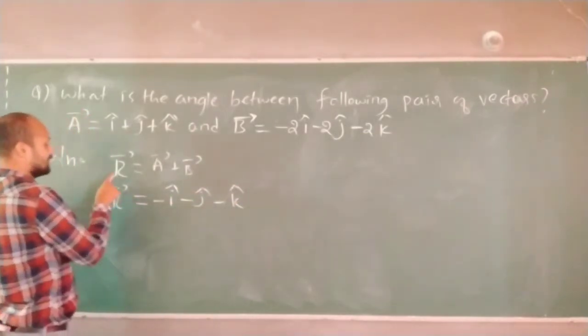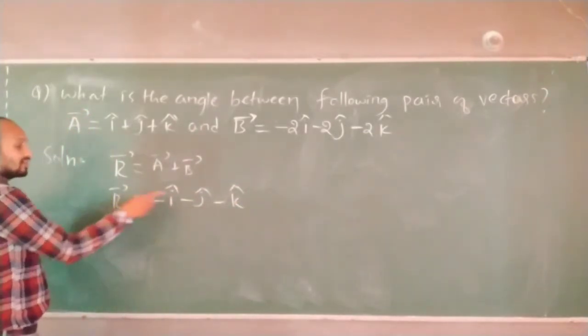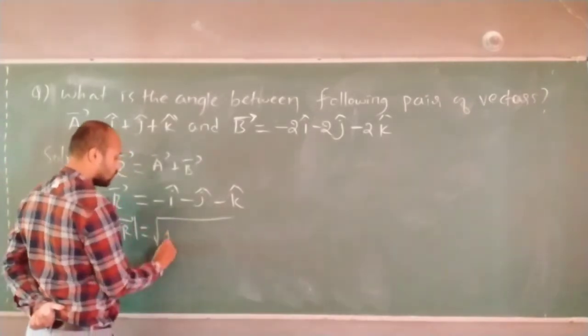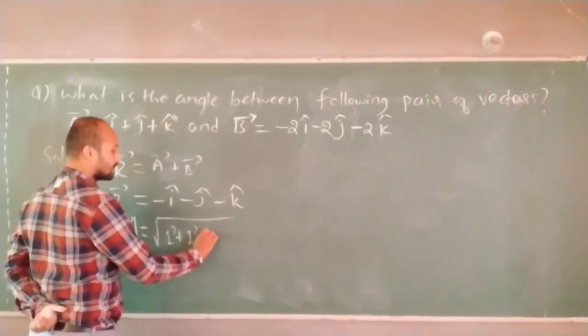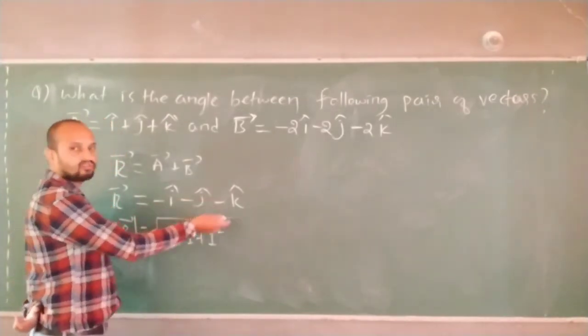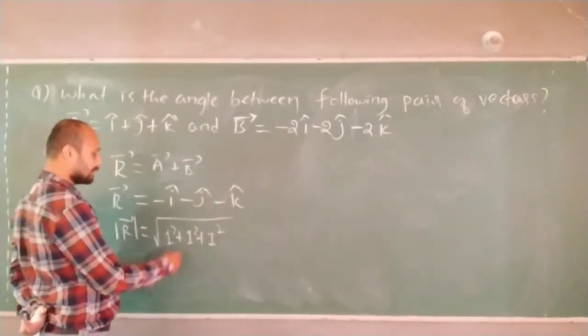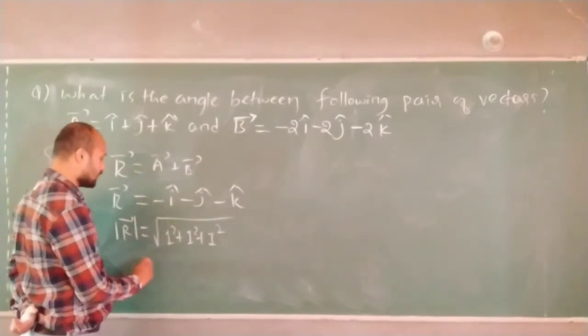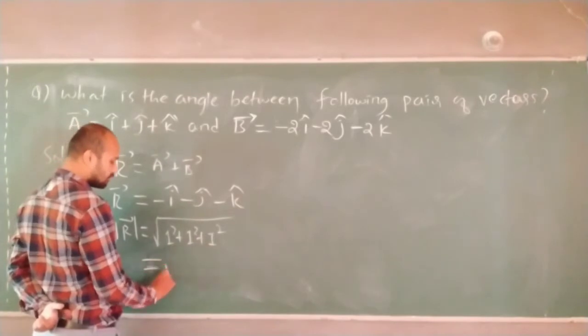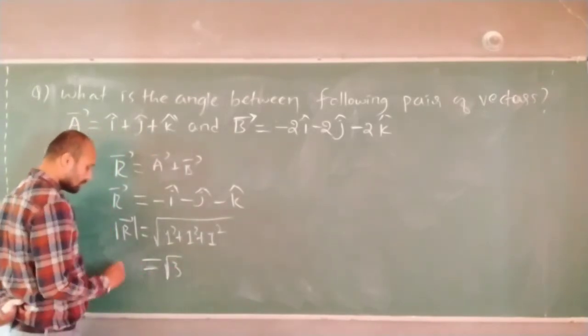This is the resultant of these two. So once you know the resultant, find the mod of the resultant. This will become 1 square plus 1 square plus 1 square, since minus 1 square is 1 square. I am just taking the values. This will become root 3. Magnitude of R is root 3.